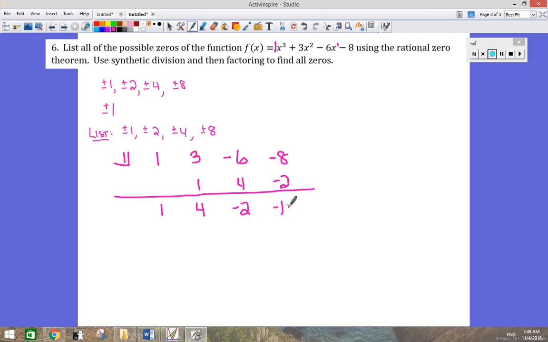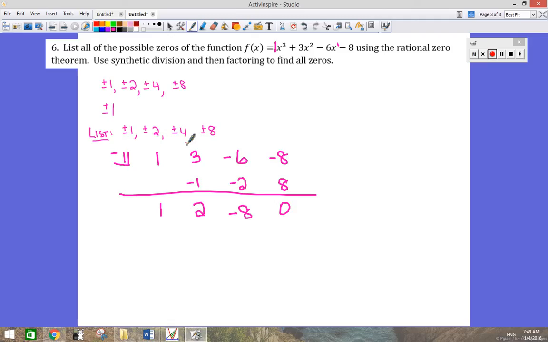So here I do not find a 0 remainder, so I know that x equals 1 is not a zero of the function, so I keep searching. Try -1. And we found it, or we found one of them.